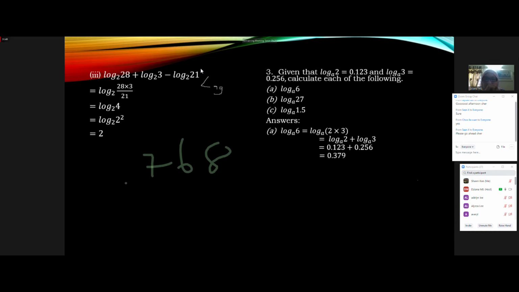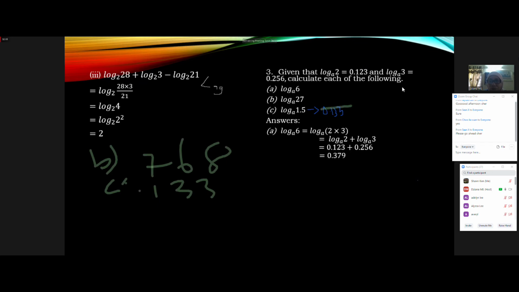Okay. Any other answer? 0.133. Okay. B is 0.768. C is 0.133.